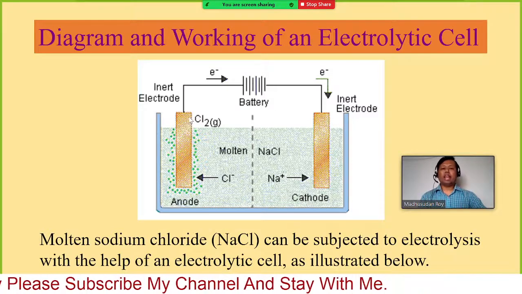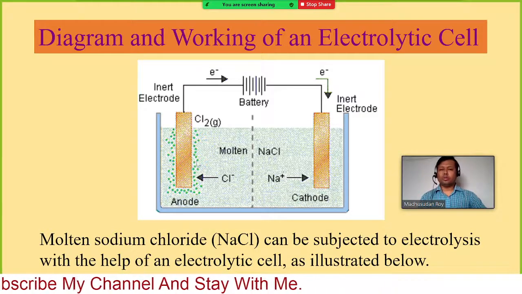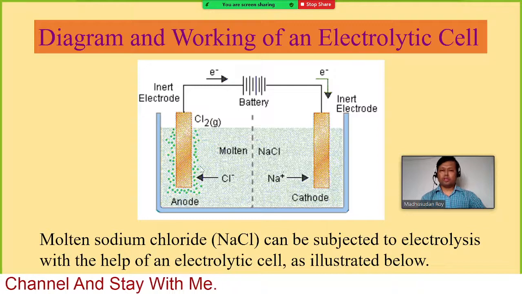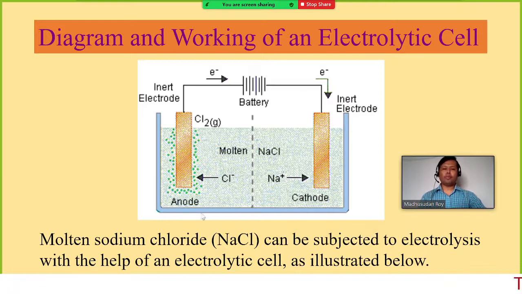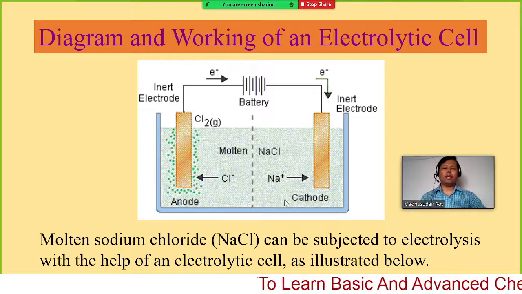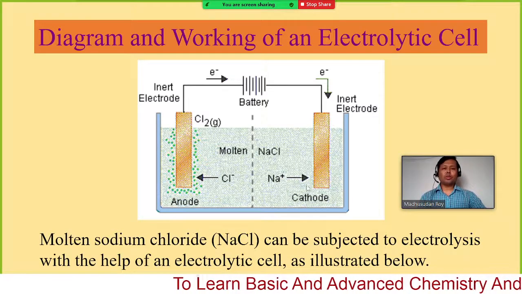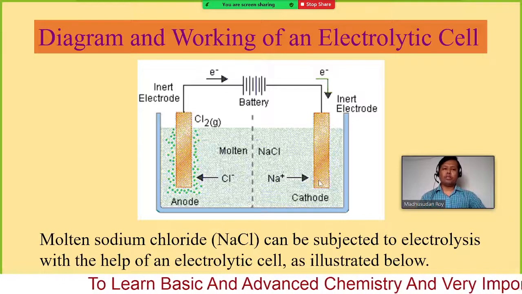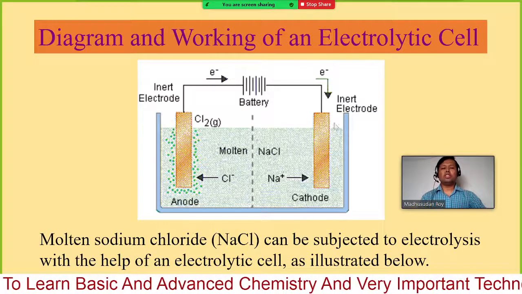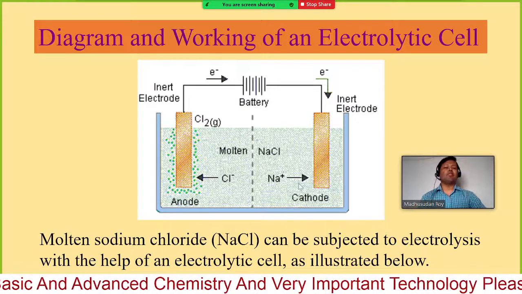That means the anode dipped into some electrolyte combines to give a half cell, and this is a cathode dipped into some electrolyte, so the electrolyte and the cathode give another half cell.